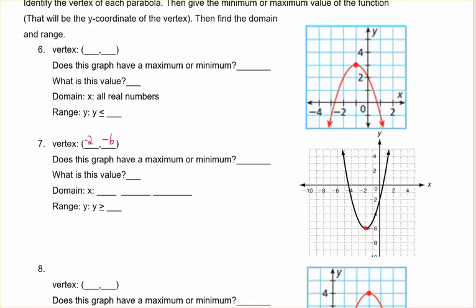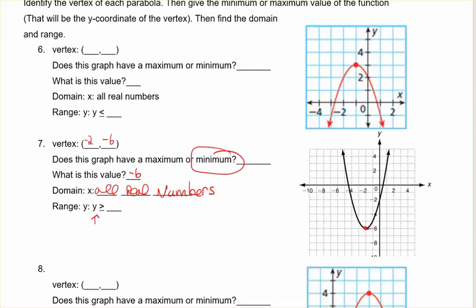Does this graph have a maximum or a minimum? This one has a minimum. What is this value? That's the y value of the vertex. The domain, all real numbers. That's what you write. Don't write anything else, just write all real numbers. The range, I already have the beginning part of the range.